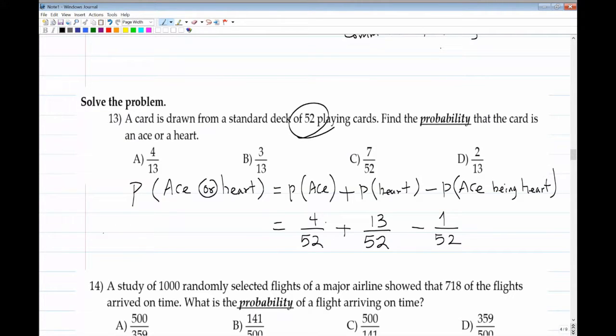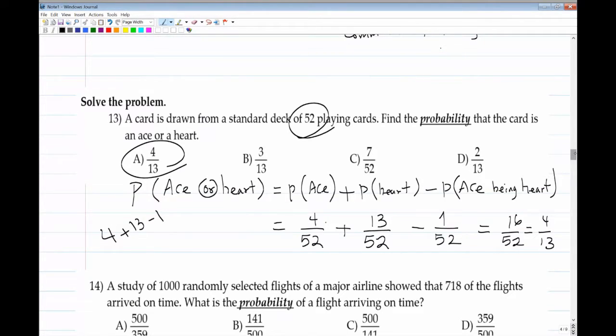Therefore, 4 plus 13 minus 1, and that should give me 16 divided by 52, which is equal to 4 over 13. Be careful with the or, meaning we need to use the probability of addition.